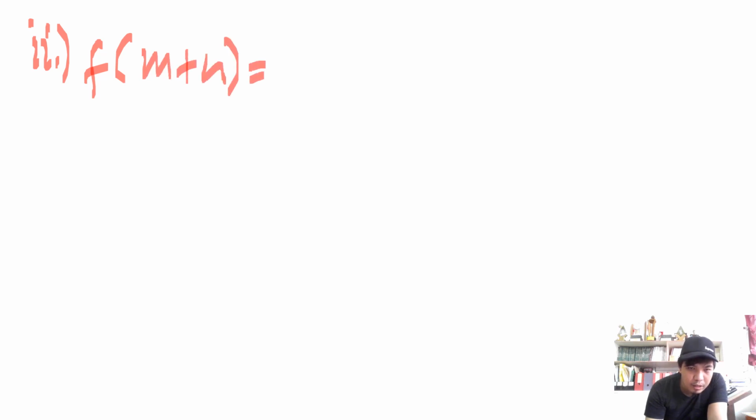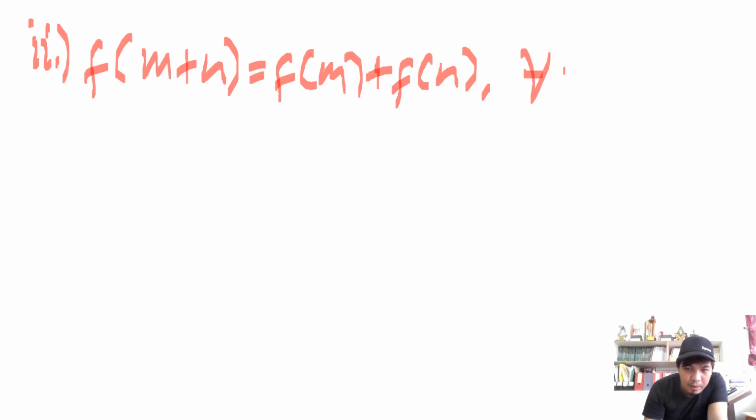The second property is that we are going to show that f of m plus n is equal to f of m plus f of n for all elements m and n in our given domain, which is the set of integers.